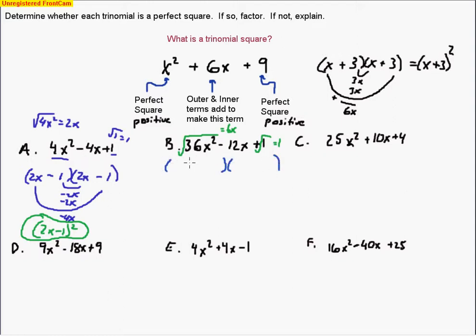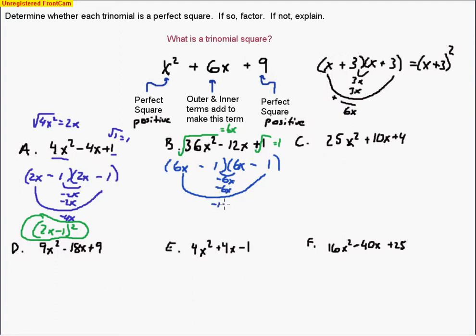I'm going to think of it as the two binomials being exactly the same. So I'll try 6x and 6x, 1 and 1. And now I need them to multiply to make a positive, but add to make a negative. So that means both signs are negative. But you always have to check your inside and outside terms to see if they do indeed add to make that middle term.